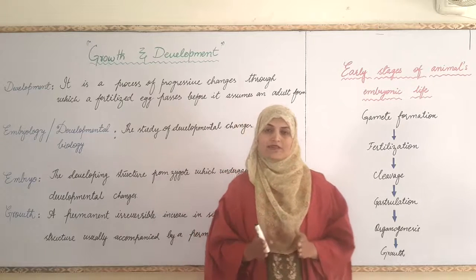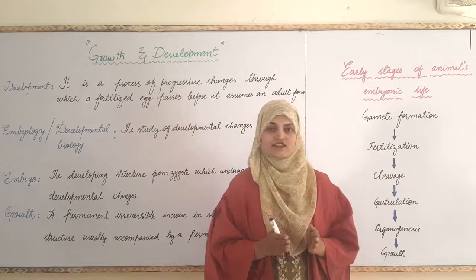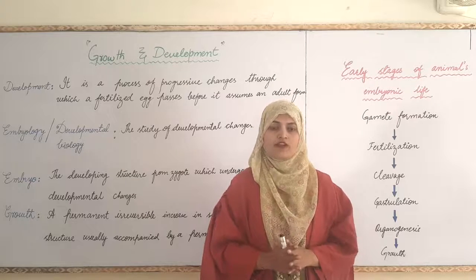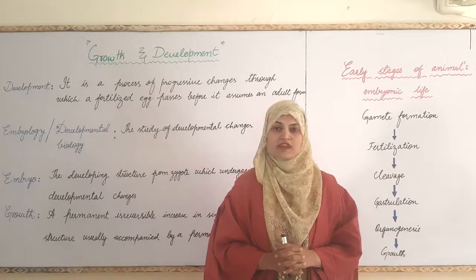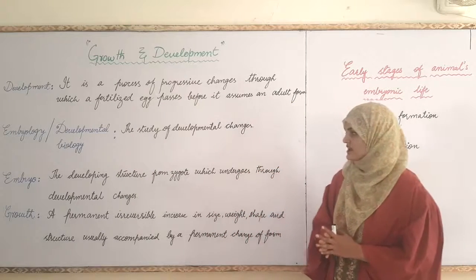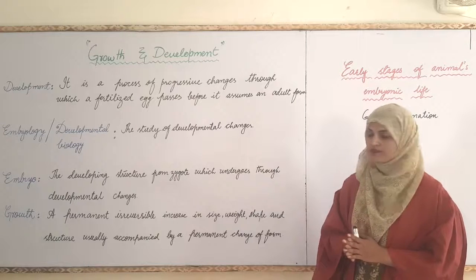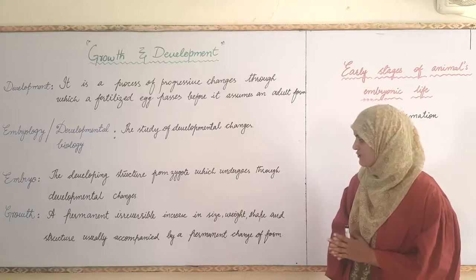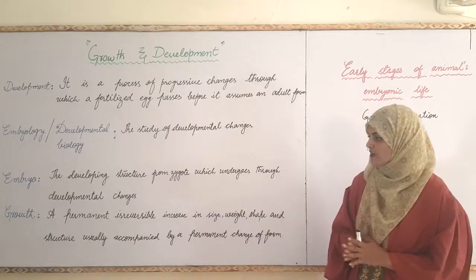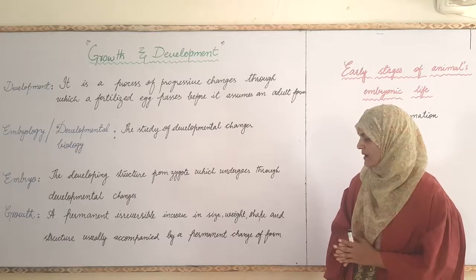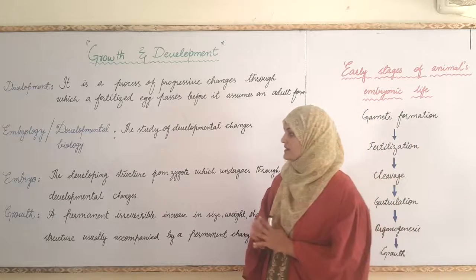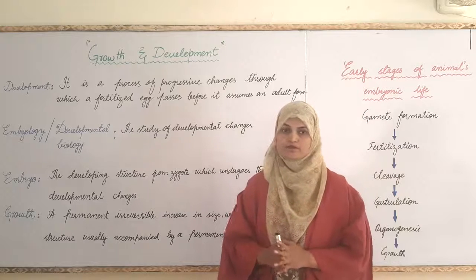When an organism increases its size, shape, structure or weight, then this is termed as growth, and the definition is a permanent irreversible increase in size, weight, shape and structure, which is usually accompanied by a permanent change of form of a multicellular organism.